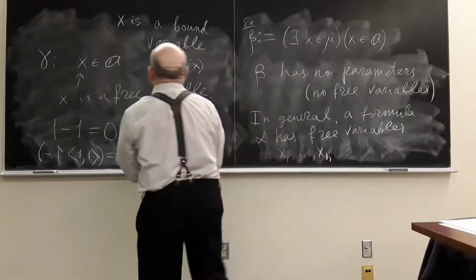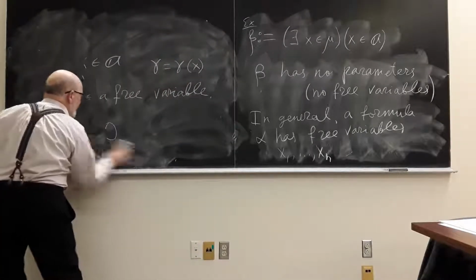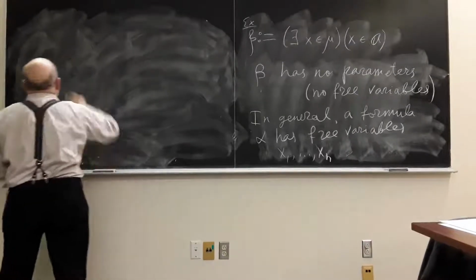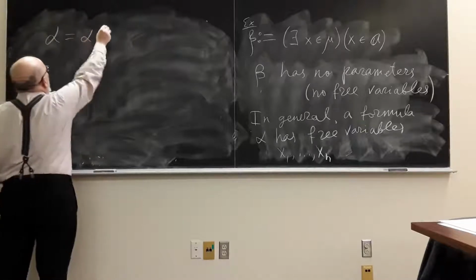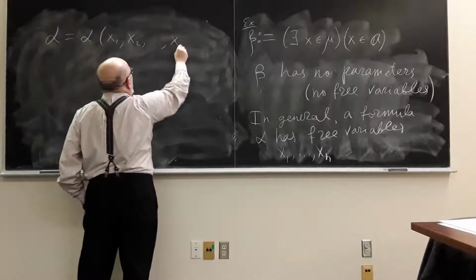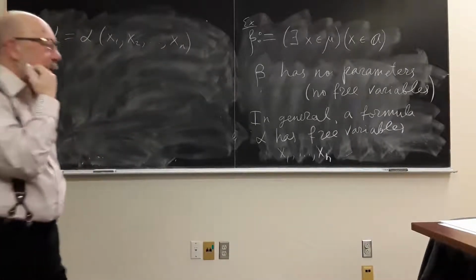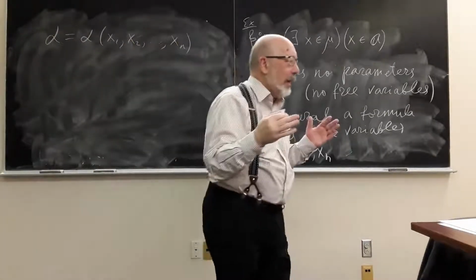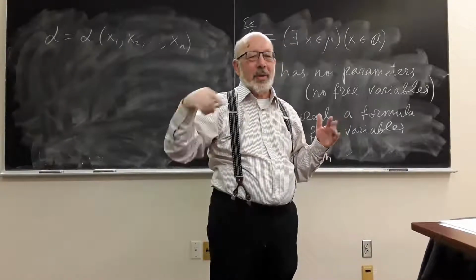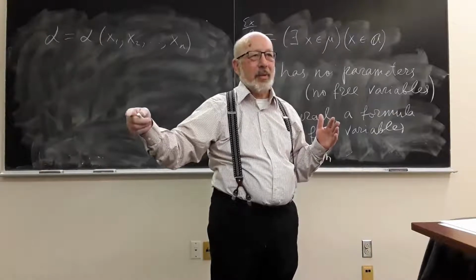And so we write x1, x2, xn. These are free variables. Now we can take this formula and replace x1 by some concrete name of some element, x2 by some name, and so on.